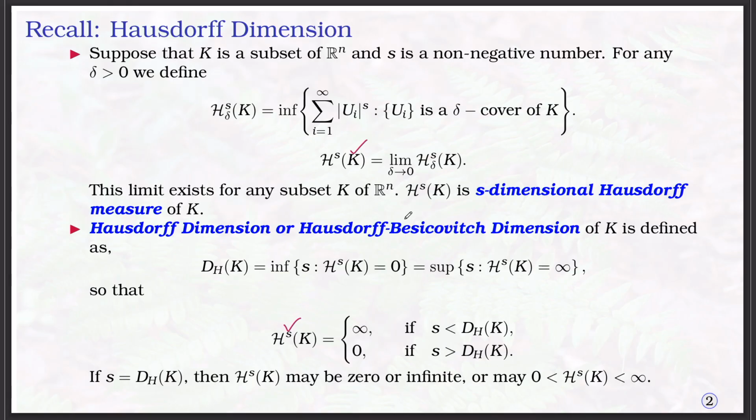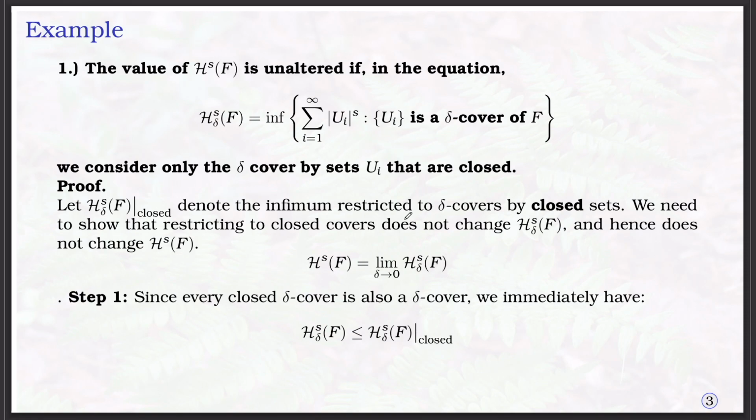Now, you can note that here we are taking the ui as a delta cover of K, where ui is any open cover of K. Now, the value of Hs is unaltered if, in the S dimensional Hausdorff measure, you take delta covers by sets ui that are closed instead of open.